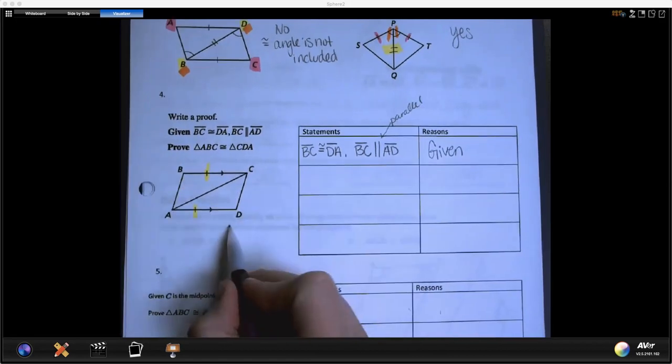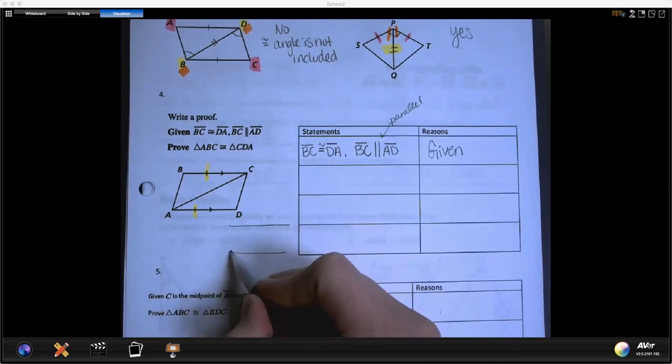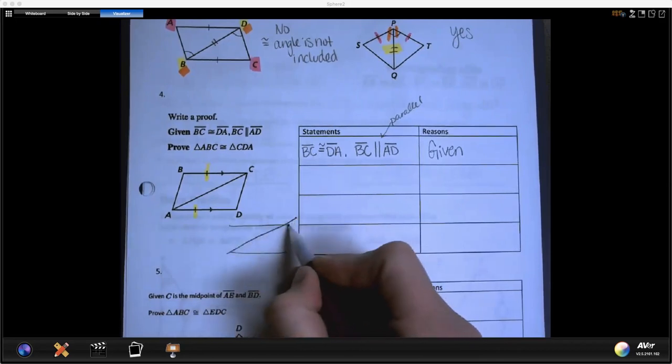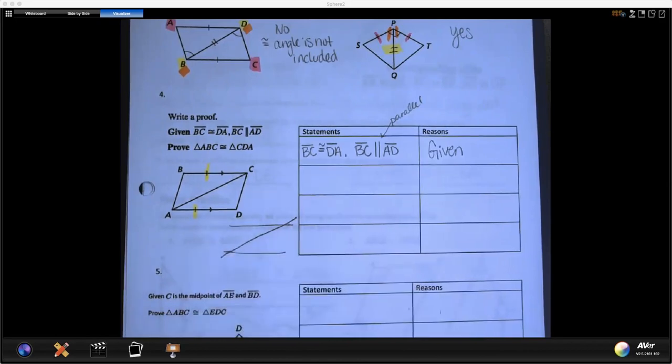So we have this line on top, and we have this line on bottom, and we have the line in the middle. Okay. What's the line called when it cuts through two parallel lines? What's that line called? Starts with a T. Transversal, good.